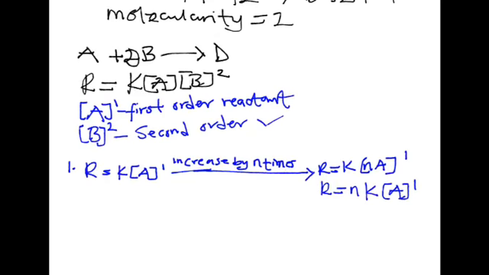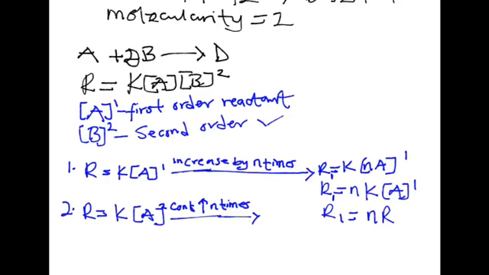So if our initial rate is R, then let's call our final rate after increasing the concentration R1. In this case, R1 is equal to nR, that is, n times the initial rate of the reaction.